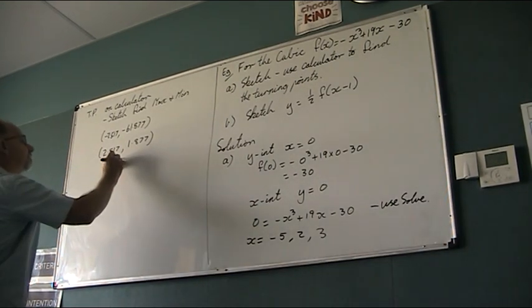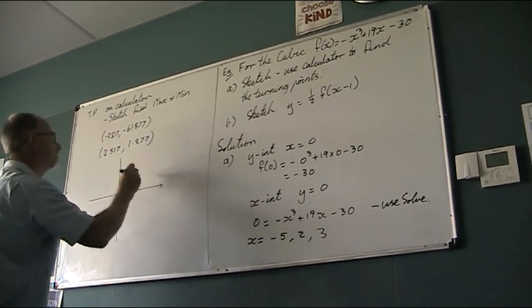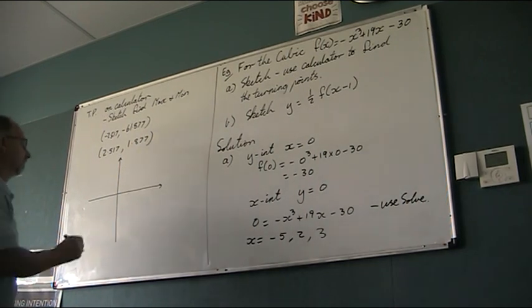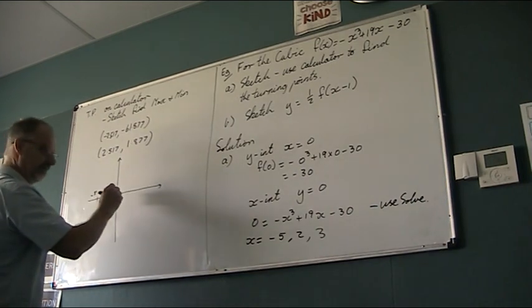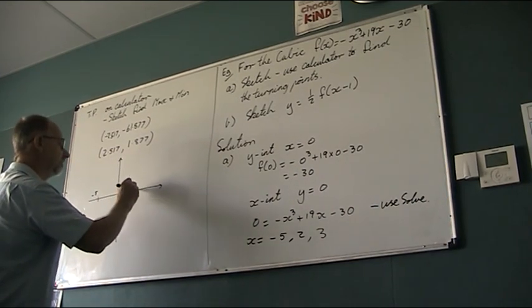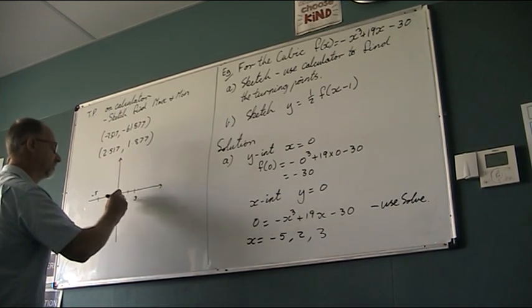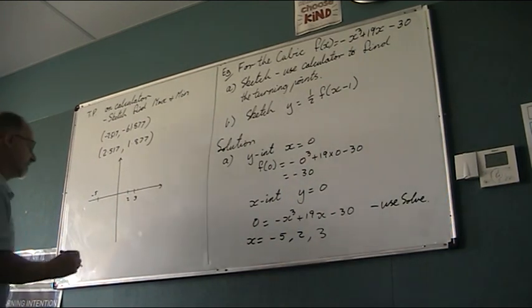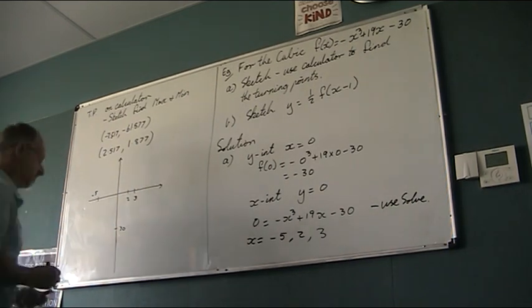Alright, so let's put in what we've got. Negative 5, 2, 3. We've got an intercept at negative 30 down there.